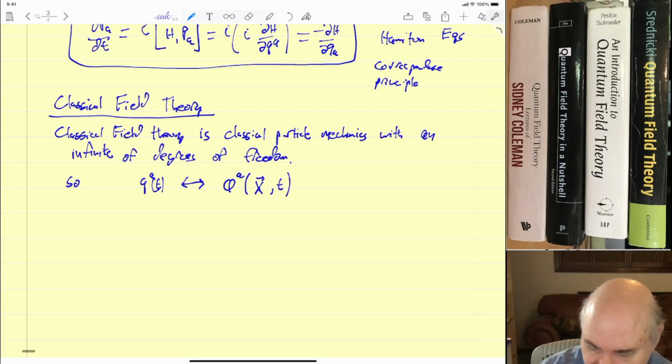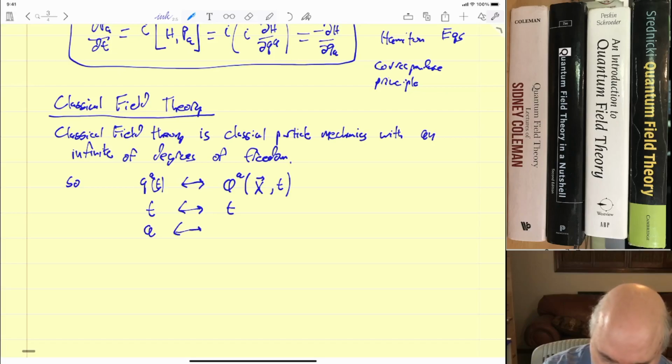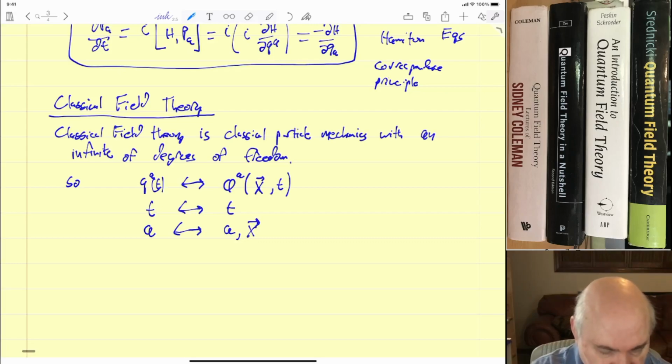That gives us our infinite degrees of freedom. It's like we have a classical variable at each point of space. Time is the same as time. And the index A, which before was just finite, goes to two indices now: a finite number of fields, but also a continuous or infinite number of positions.